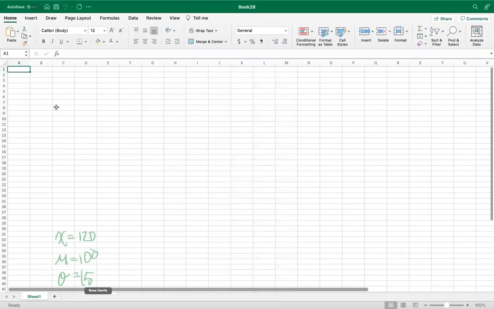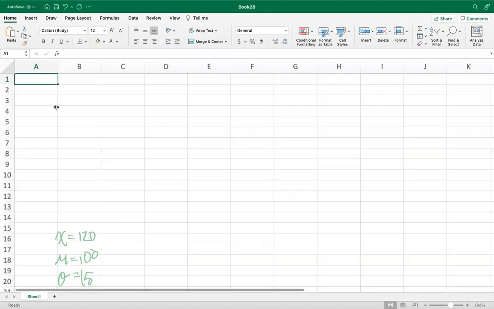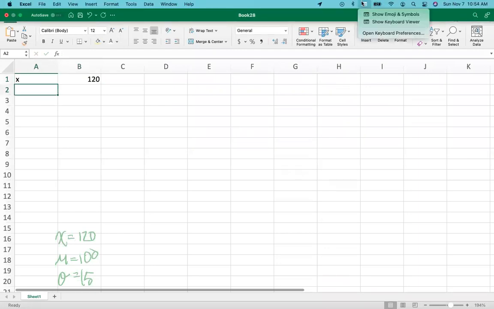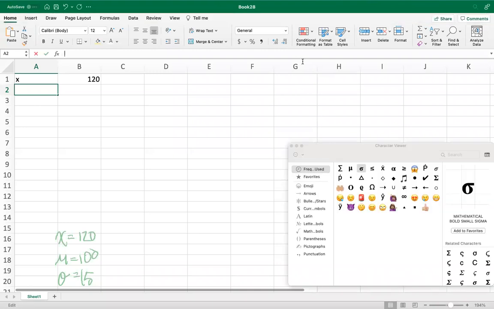Taking this over to Excel, we have X as 120, the mean is 100, and the standard deviation is 15.